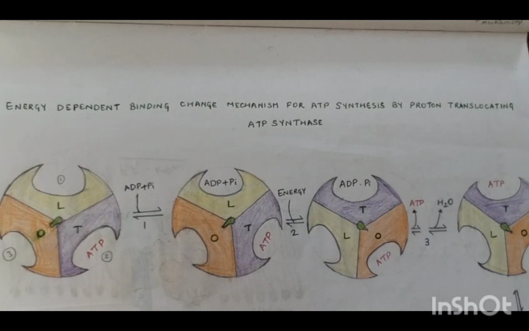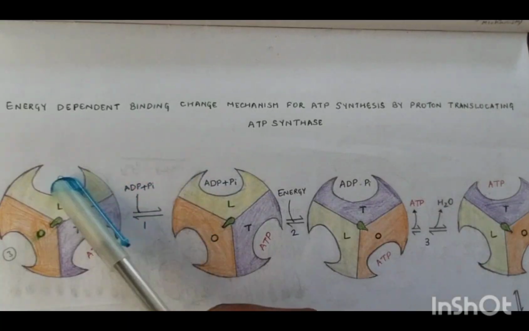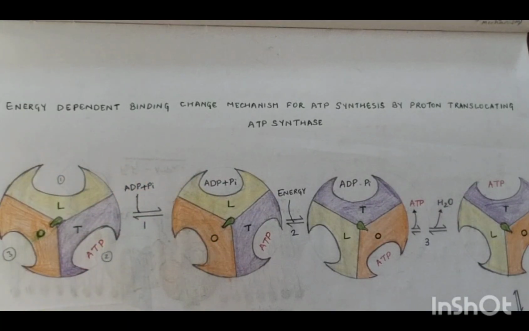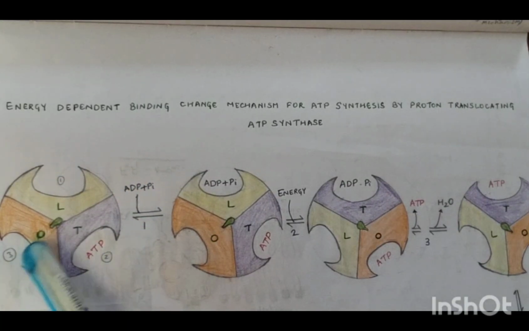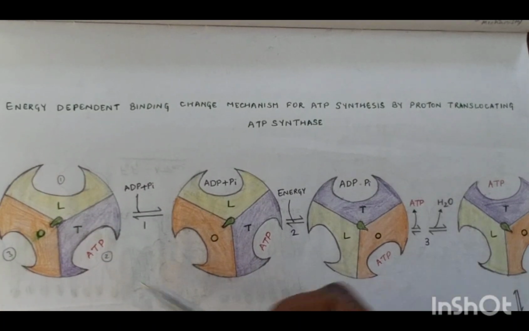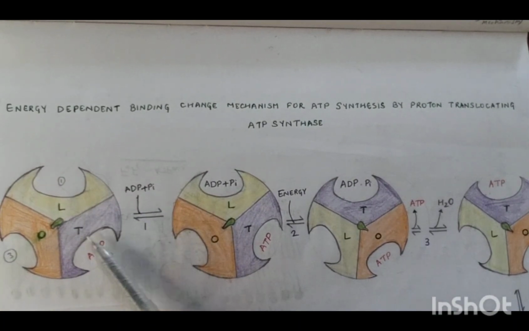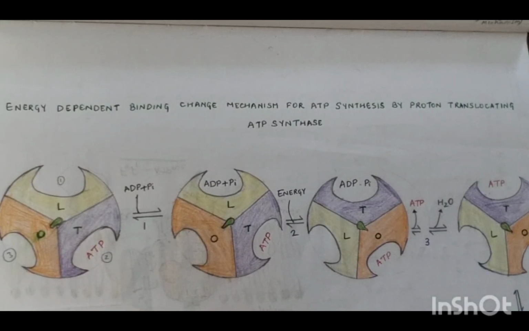F1 is proposed to have three interacting catalytic protomers, each in a different conformational state, L, T and O. O is the open phase, L is the loose phase and T is the tight phase.